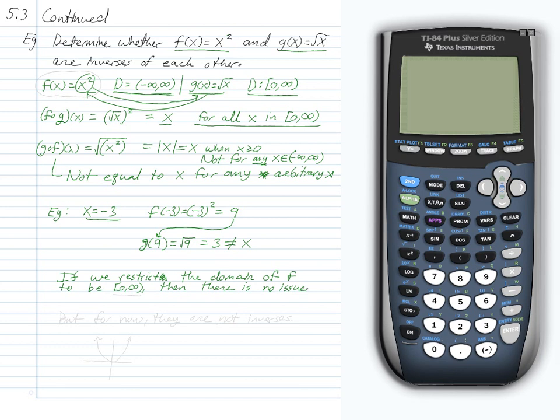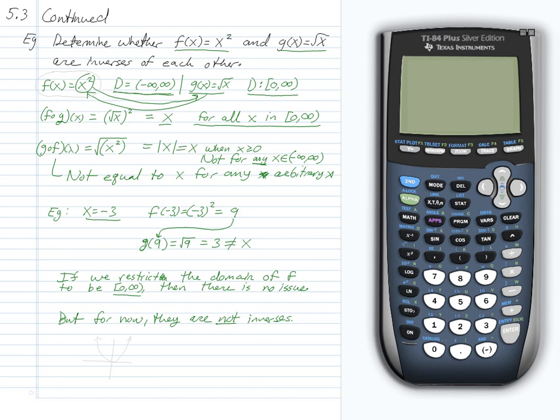Any positive number that we plug into f can be returned when we plug the result back into g. So these are inverses most of the time. These are inverses over most of the domain of f, just not the whole domain, which means that as they were given at the very beginning, they are not. So it's a very subtle question.